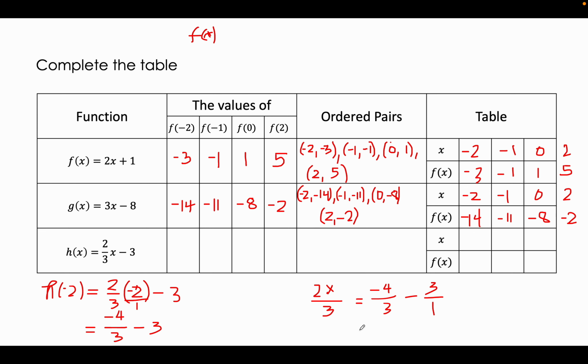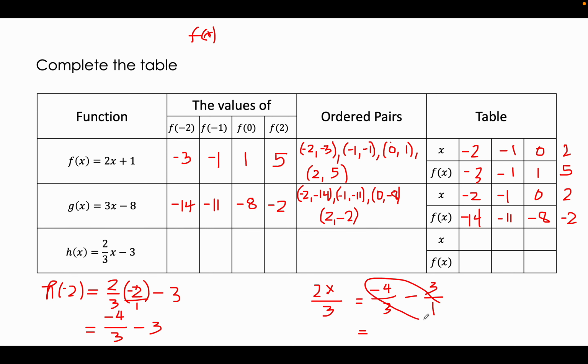To simplify two fractions like this, you can use the LCD. 3 and 1: the LCD here is 3. Or you can use the shorthand method, cross multiplying. Since 3 and 1 have no common factor, we can use the butterfly method.